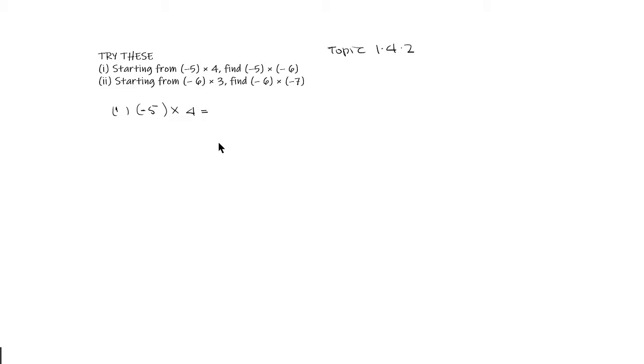This gives us minus 20. Now minus 5 multiplied by 3, we have to reduce 4 by 1 and so on. We will go and make a pattern. So this will be minus 15, which is equal to, we carry this 20 from here, minus 20, minus 5.